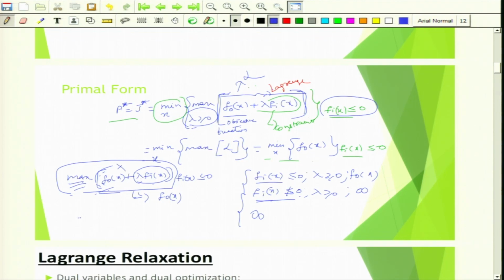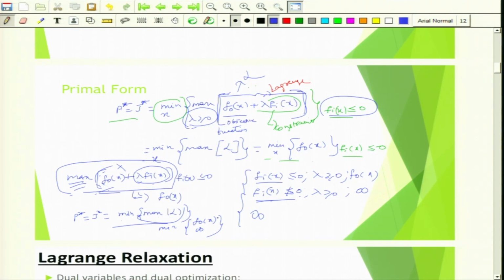Now again, p star is equal to j star is equal to the minimum of this maximum of the Lagrangian function. Now the essence of this is either f naught of x or infinity. Among these two, which would be the minimum one? You have two options.